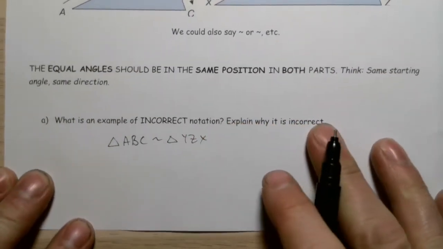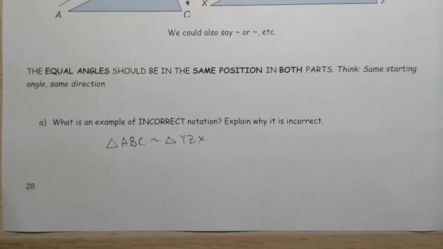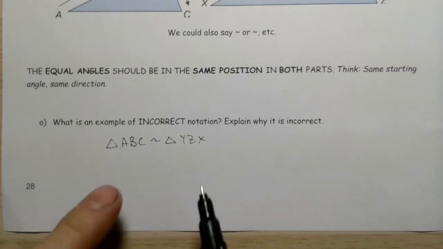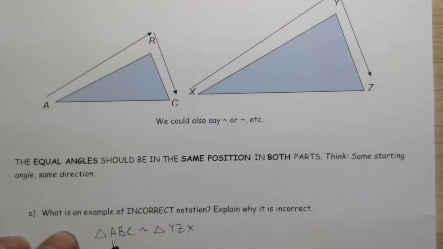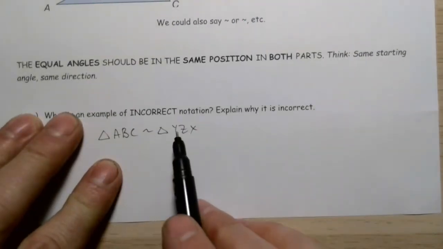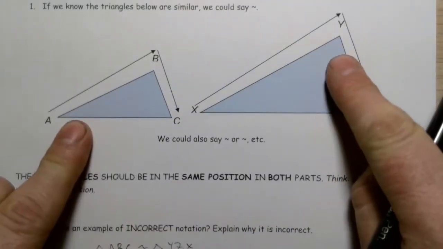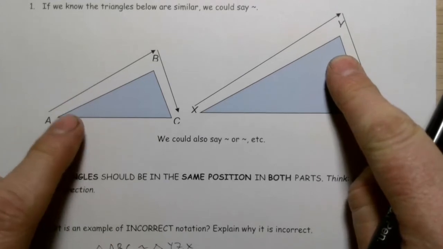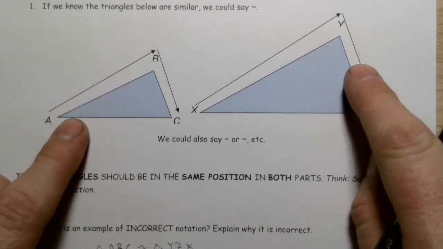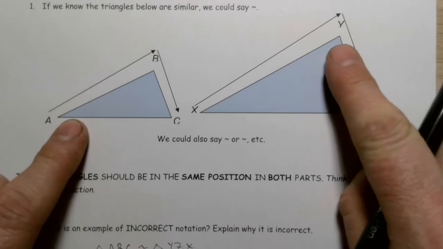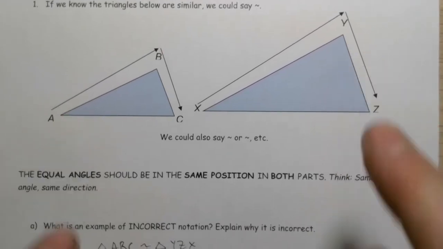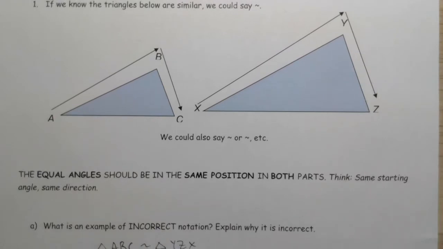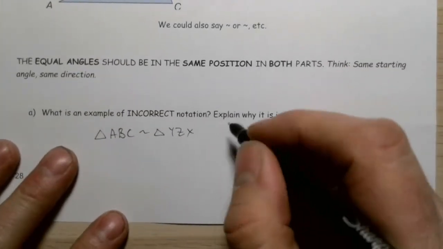Although the two triangles themselves, in a larger sense, are similar, that is a miscommunication because this says that angle A and angle Y are the same angle. But this one is a small acute angle. This is a much larger acute angle, getting close to 90 degrees. These do not match up. So my labeling is incorrect here.